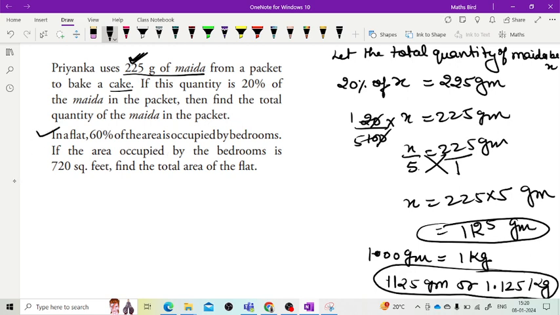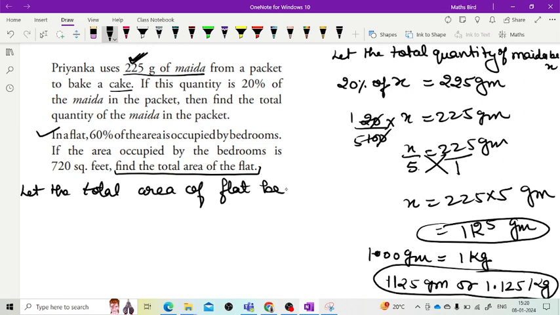Now this one. In a flat 60% of the area is occupied by bedroom. ठीक, अभी पहले we will find out क्या पूछा है, find the total area of flat. Let the total area of flat be x. अभी देखते हैं क्या पूछा है. 60% of area is occupied by bedroom.